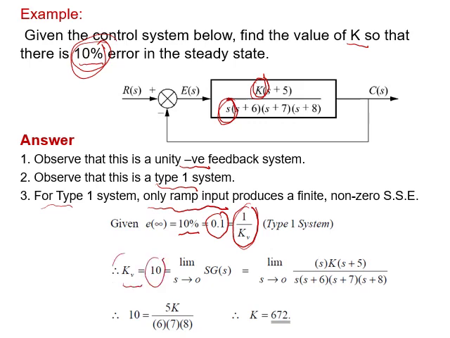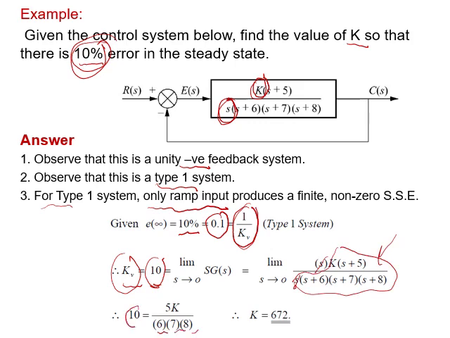Now, if I want to calculate the value of Kv, it's equal to the limit of s times G(s). That means 10 is equal to the limit of s times G(s). Notice that s will cancel s. The remaining is going to be this function, which equals 5K over 6 into 7 into 8.